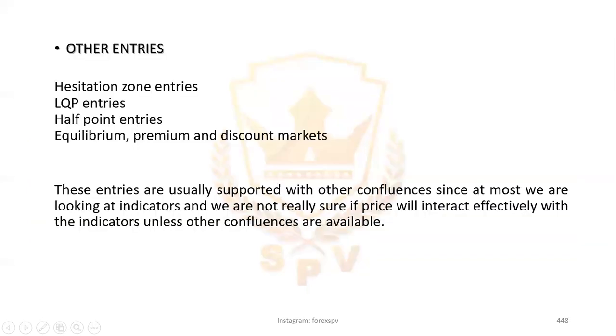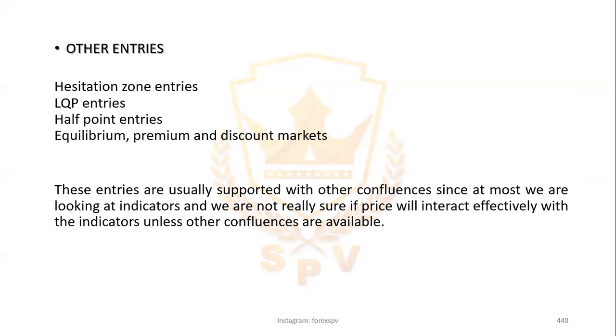So we have other entries where we have the station zone entries, a break and a retest around the station zone, large quarter points, so a break and a retest on these large quarter points, a break and a retest of these half points, the equilibrium, the premium, and the discount market entries.